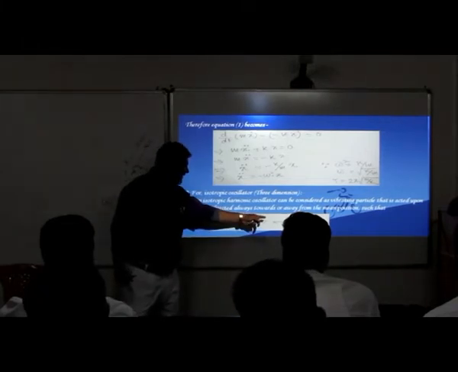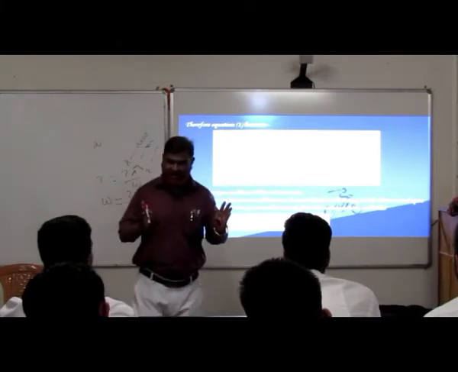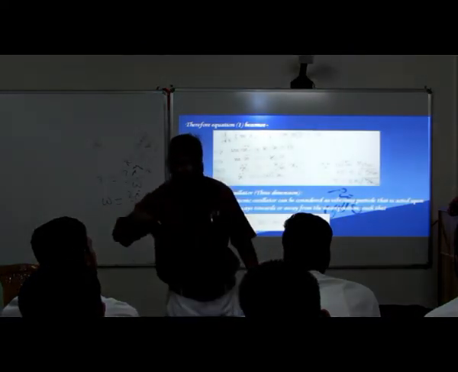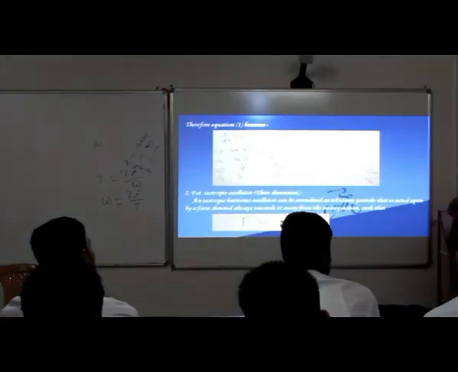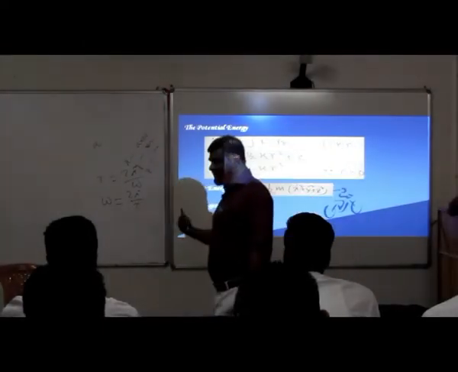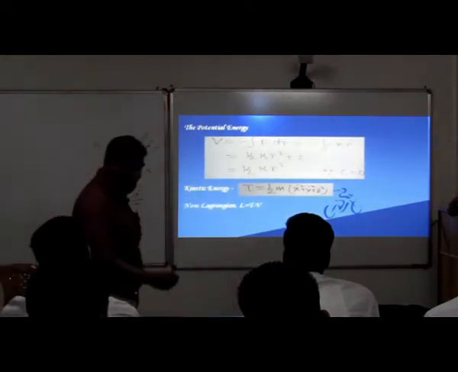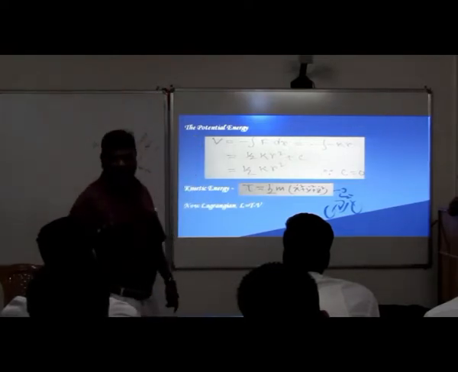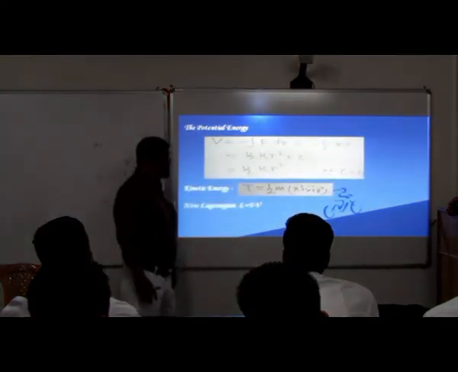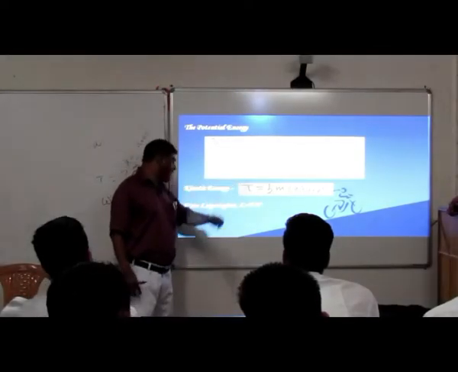F is equal to minus k into r, where r is the position vector, with magnitude r. X, y, z are involved in r. Next, to find the Lagrange equation, we need to calculate the potential energy as well as the kinetic energy. For the 3 dimensional case, the kinetic energy is equal to this, and the potential energy, as we calculated earlier, is half of k r square.